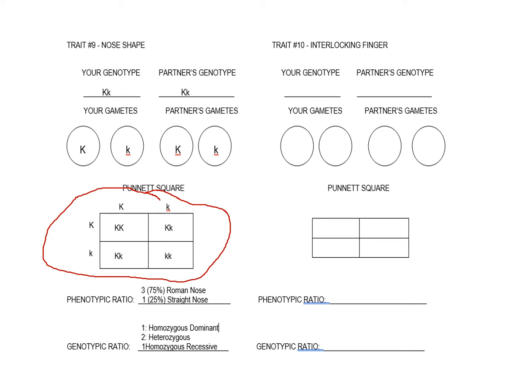So what you do is basically put one set of alleles on the top of this square and one set of alleles on the left-hand side of this square, and you're basically going to cross them.